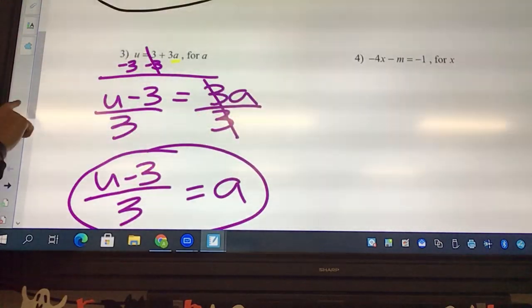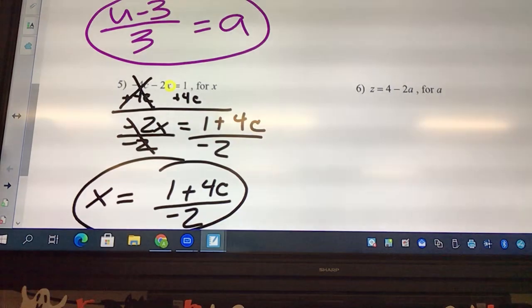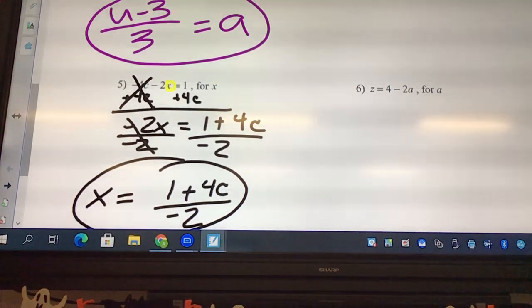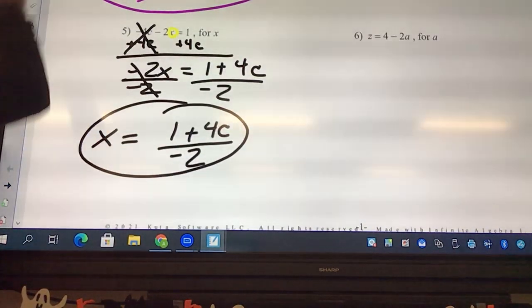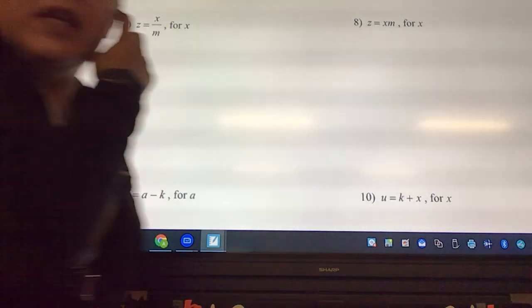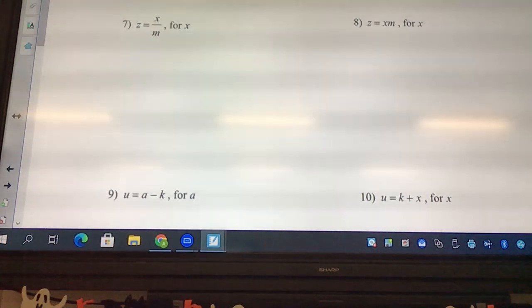We said divide by 3. We said divide by negative 2. You're going to add or subtract, and then you're going to divide every single time. So don't get so caught up in all these variables. Almost all of them are going to be around the same steps, especially when you're working with numbers.